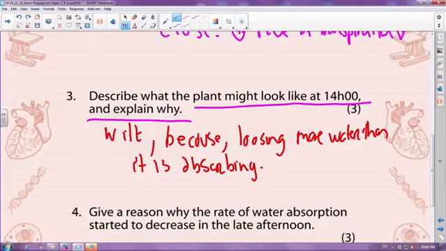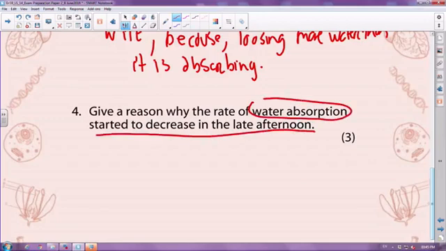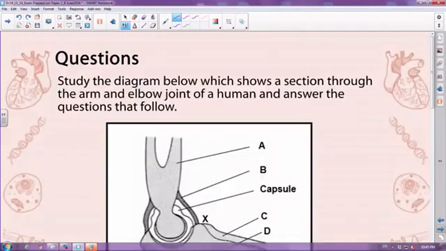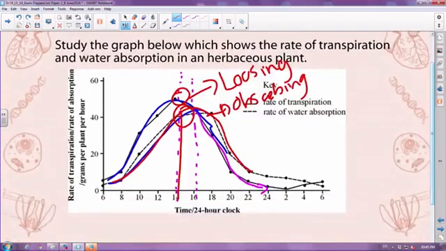Now the last one, question number 4: give a reason why the rate of water absorption started to decrease in the late afternoon. Let's go back and have a look. Why did water absorption start to decrease in the afternoon?